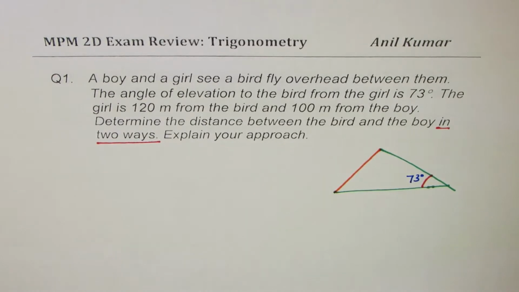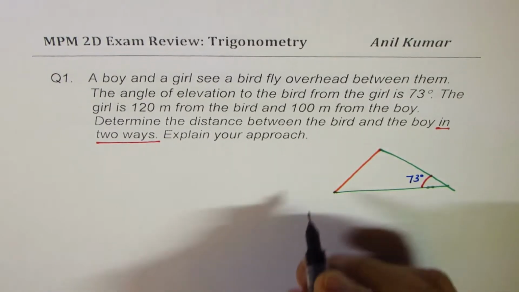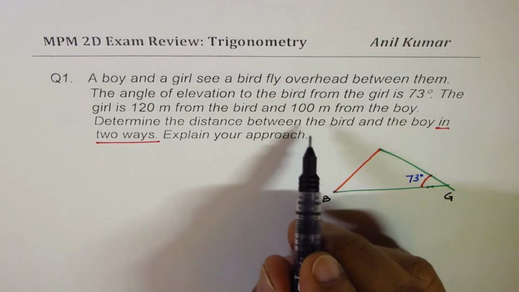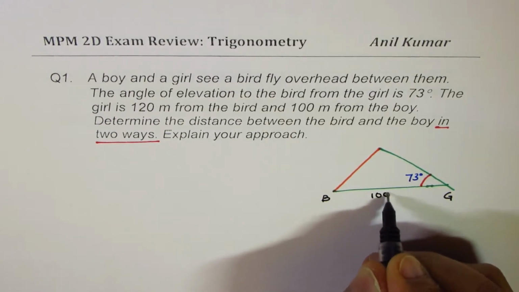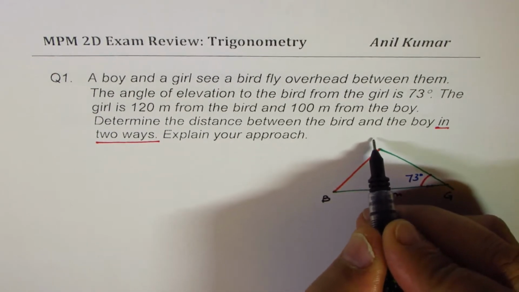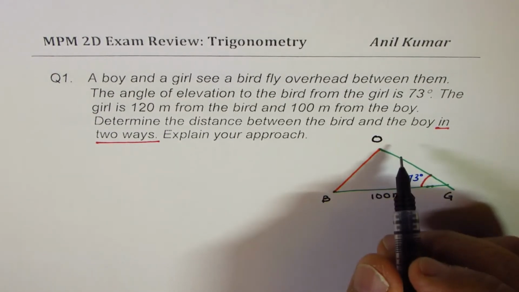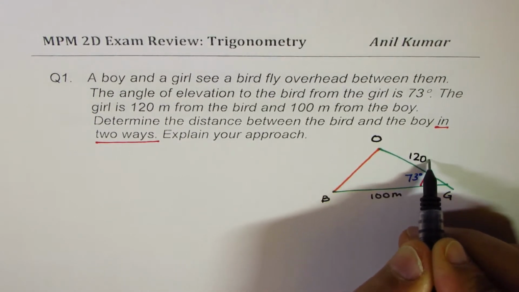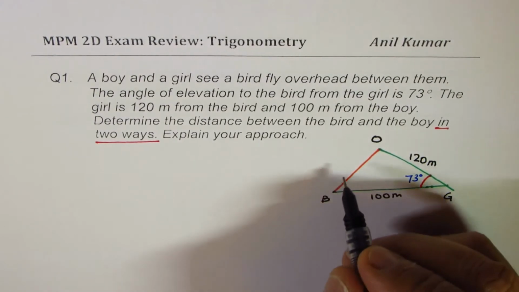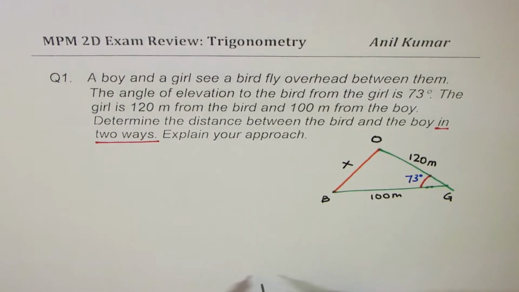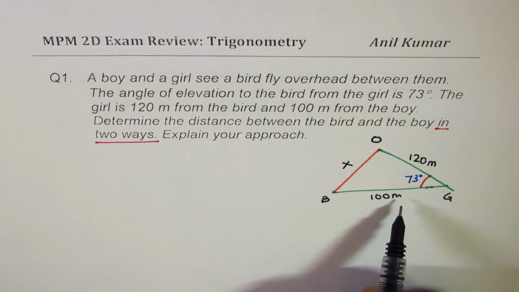We are also given that the distance between the boy and the girl is 100 meters. Between the bird, let's call this O, that object, and the girl is 120 meters. We need to find OB, let's call it x. That's the question for you, and we have to show it in 2 different ways.